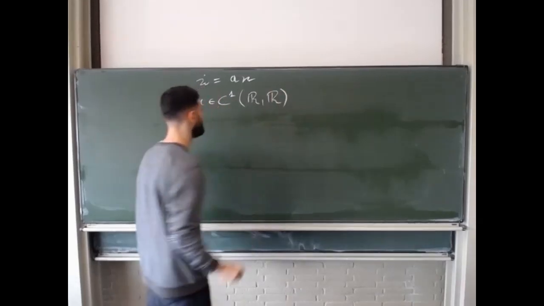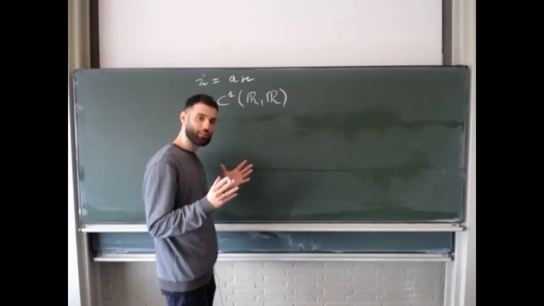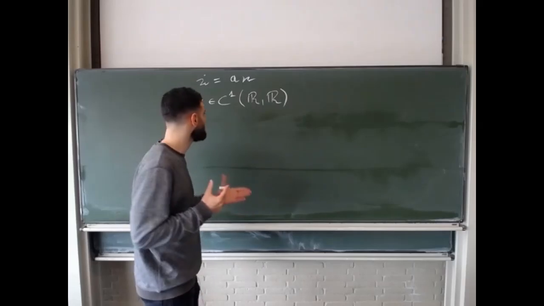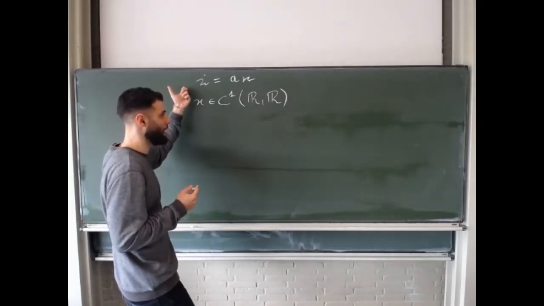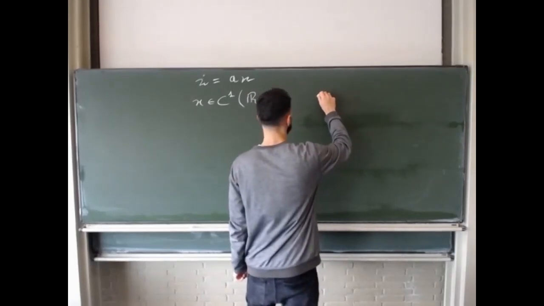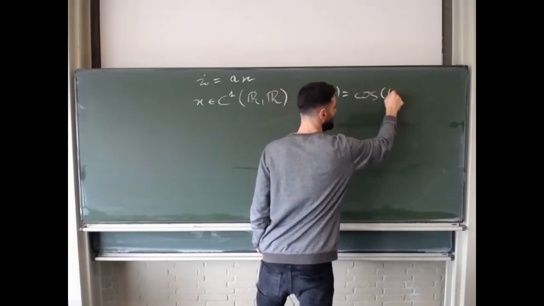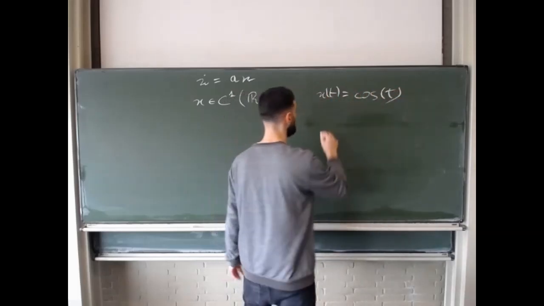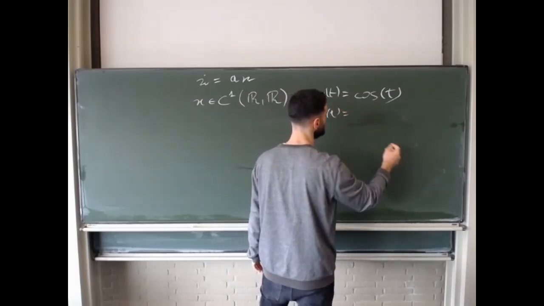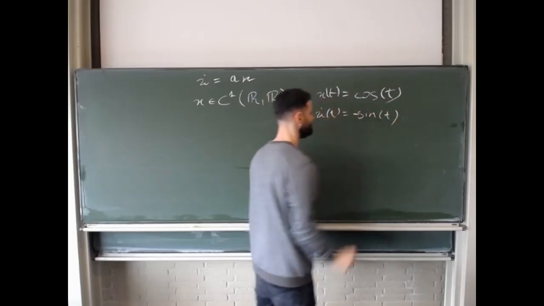R to R. A differential equation is a relation that relates functions and their derivatives. In this case, derivative with respect to time. As an example, if you have the function x of t equal to cosine of t, then you know that x dot of t, that is the derivative of this function, is minus sine of t.